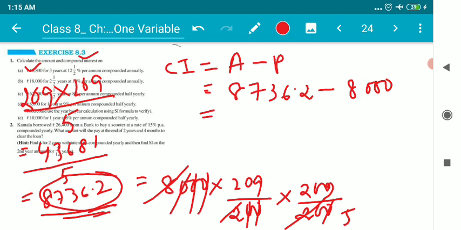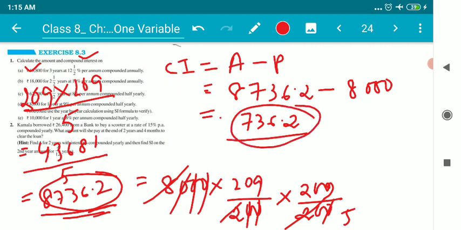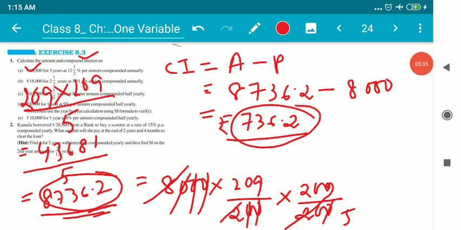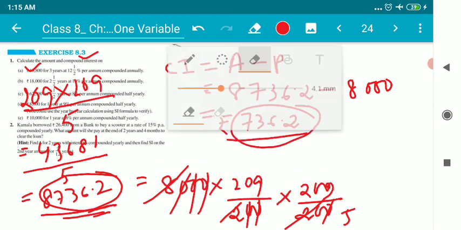If I subtract them, it will be 736.2 rupees. This is the amount which I am paying extra. It has to be the compound interest, the extra amount I'm paying to the bank. So I hope it's very clear to everyone, children.